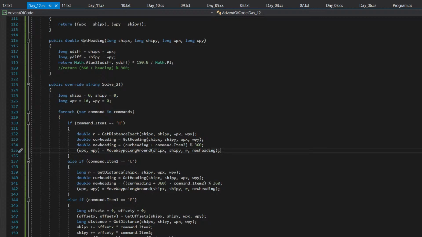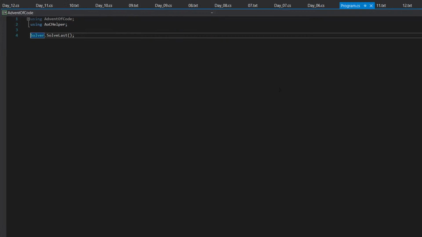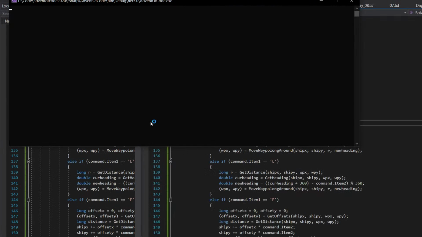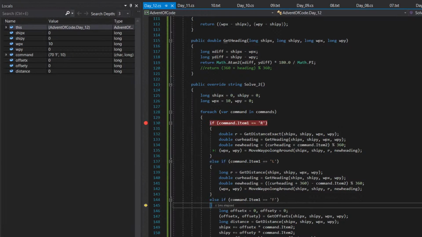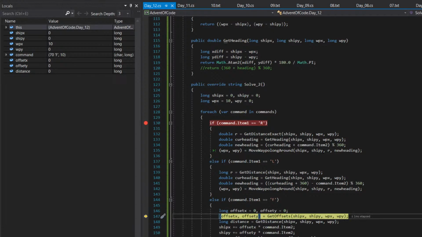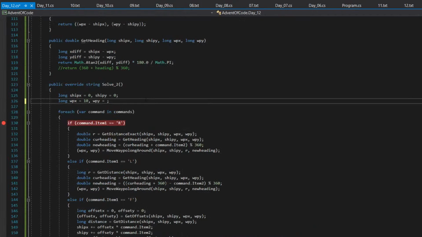Well, let's step through this again. Alright, go forward 70. So our ship's at 100 and... Oh, dang. I forgot I changed that for testing.